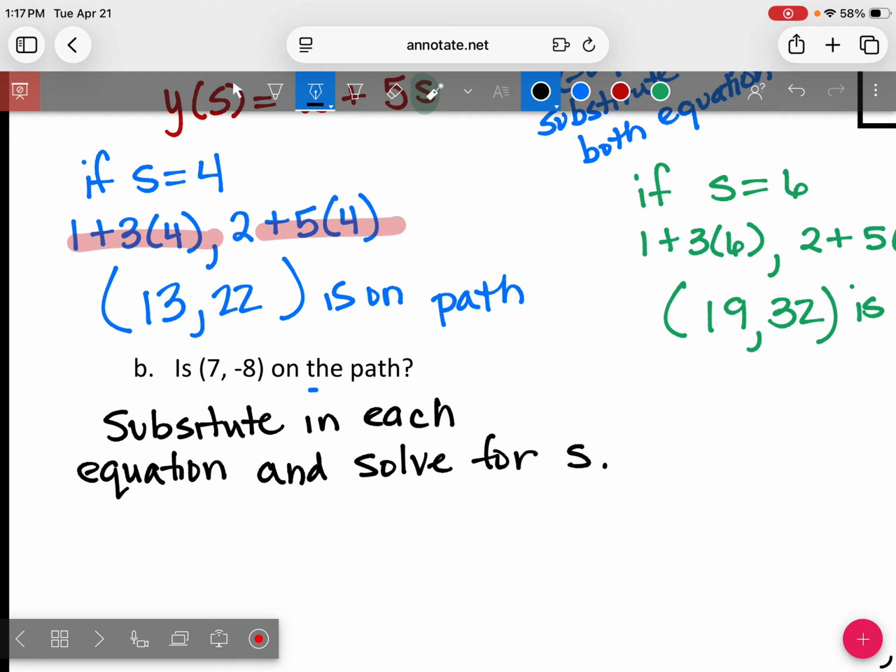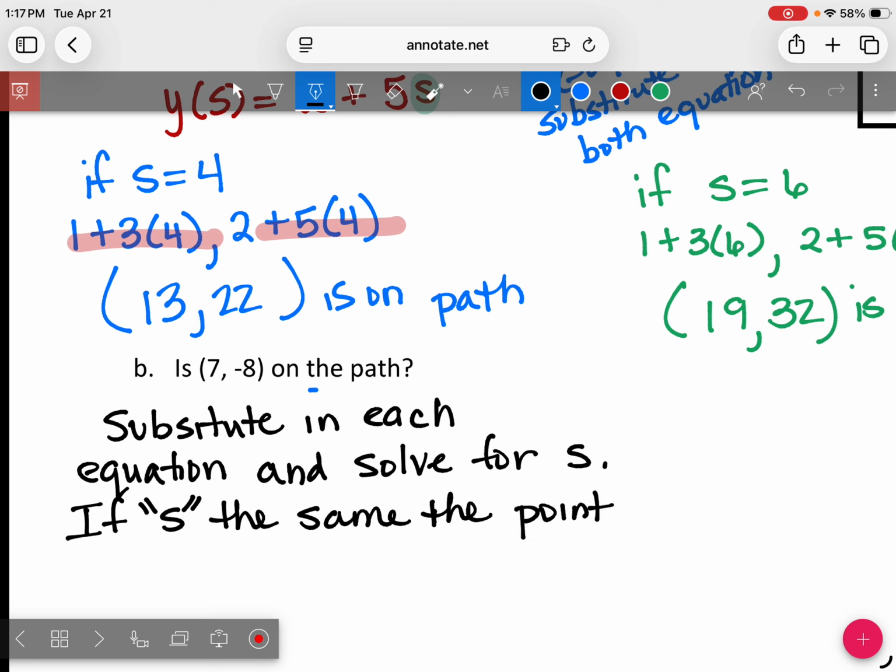Now, if s is the same, then it's on the path. Okay, so I'll give you a moment to copy that down, and then we will see. We are going to see if that point is on the path.